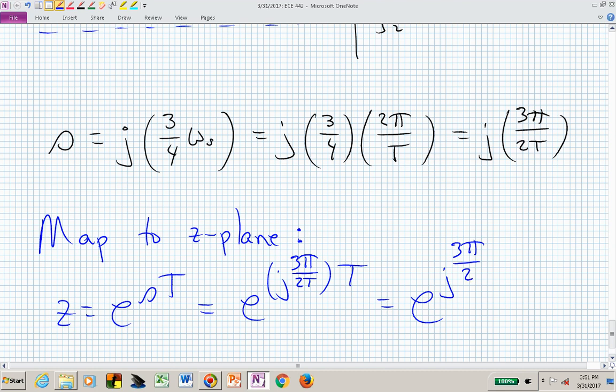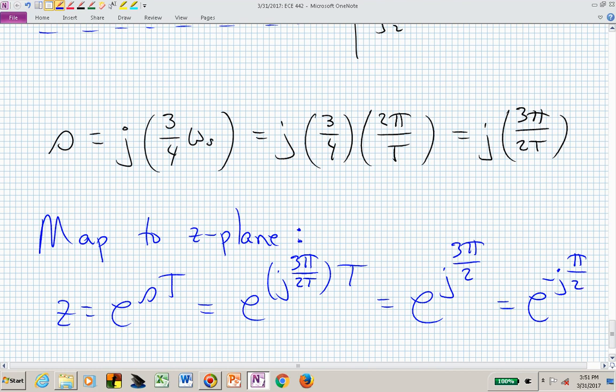And where is that? Now if we think in terms of angles, 2 pi over 2 is pi, that's 180. Now we're not quite at 2 pi, we're at 1.5 pi. So this we could think of as being at e to the minus j pi over 2.